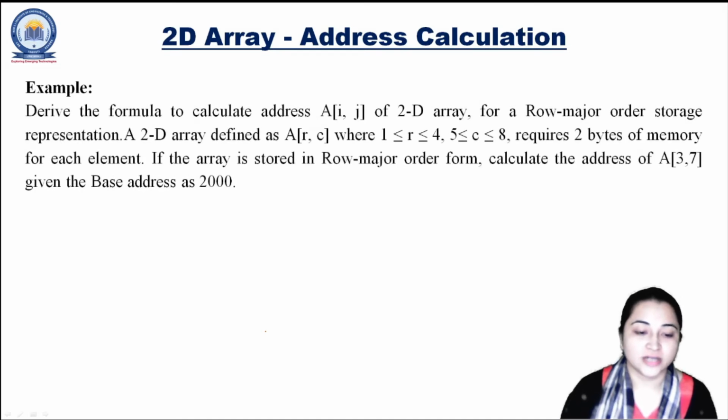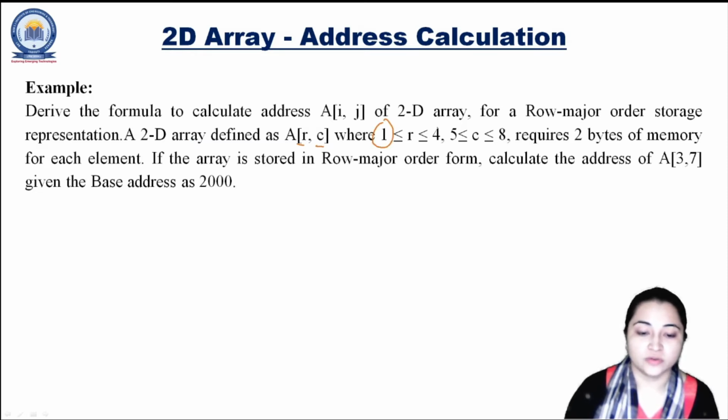Derive the formula to calculate address A of i j of a 2D array for a row major order storage representation. A 2D array is defined as R by C, where R stands for row and C is for column. Here lower bound and upper bound are given in terms of range.